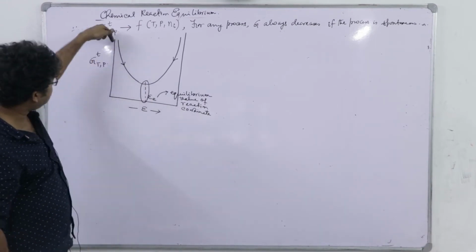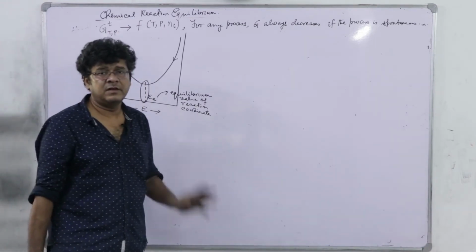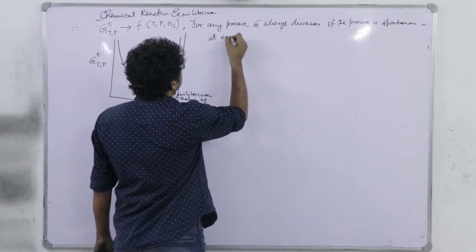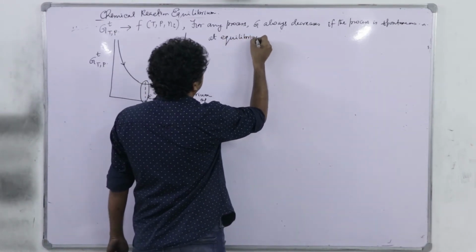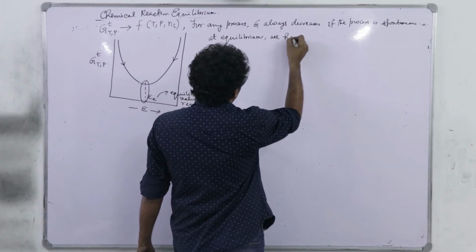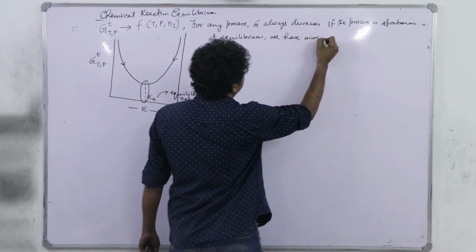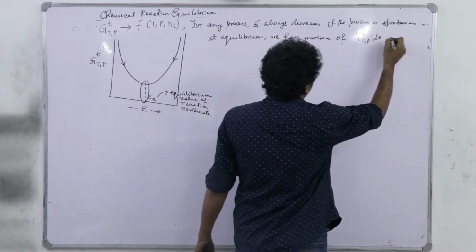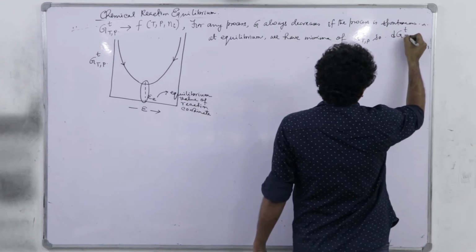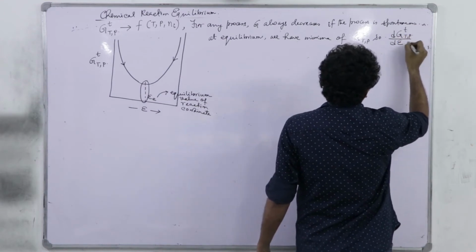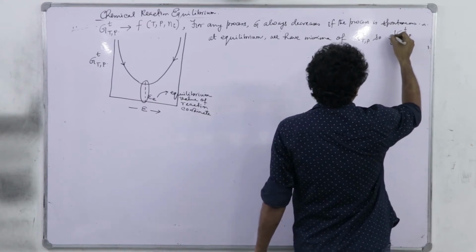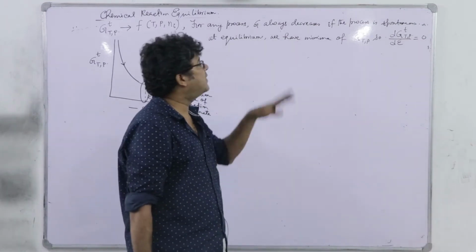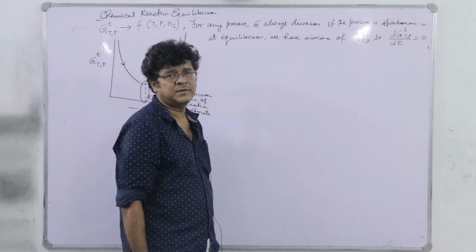We are not interested in how the state is reached, how fast the state is reached, or something like that. Okay, so at equilibrium we have the minima of Gt at T comma P. So, d of Gt at T comma P by d epsilon is equal to 0, which is the necessary condition for minima, and definitely we are not going to explore the sufficient condition.